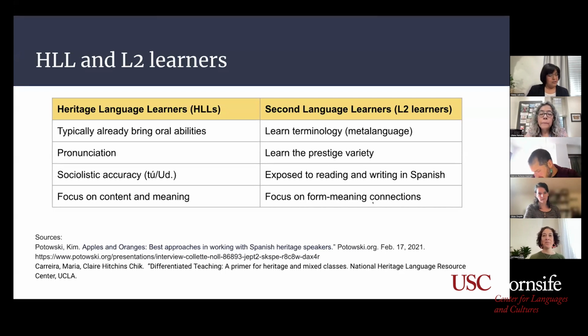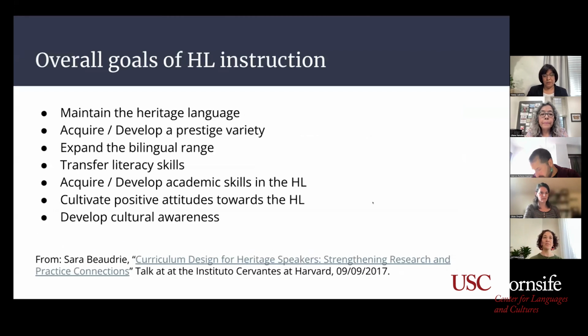With this in mind, here is an overview of the main goals that have been proposed and many of us have used for heritage language instruction. This is from Sara Beaudrie.